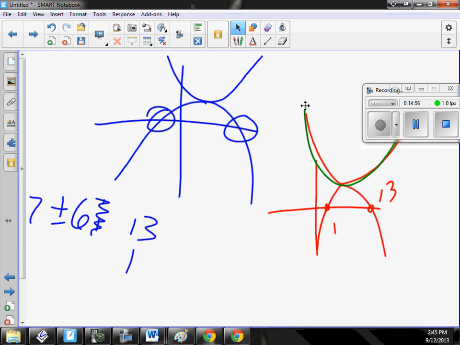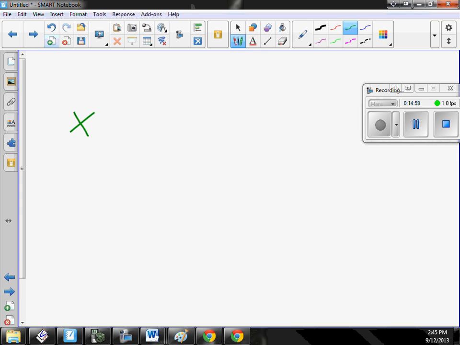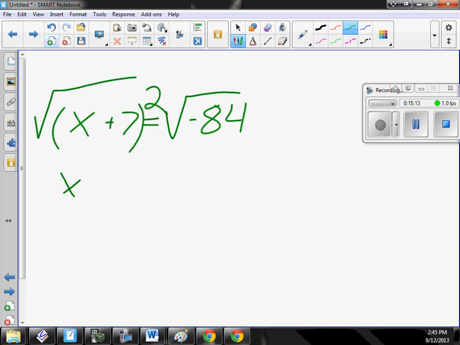What happens if I get something like x plus 7 squared equals negative 84? So we're going to square root. x plus 7.